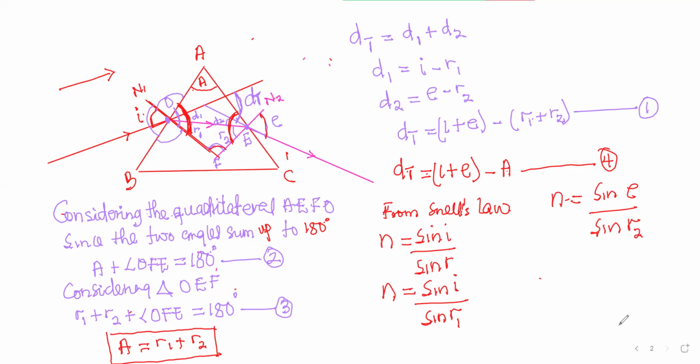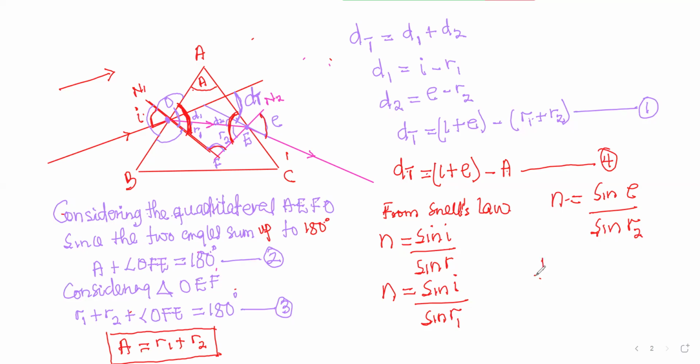Initially, I thought it would be like the reciprocal, so it would be rather sine R2 divided by sine E. You see, if you are moving from left to right and you want to use that to determine the refractive index, then it shouldn't be absolute.